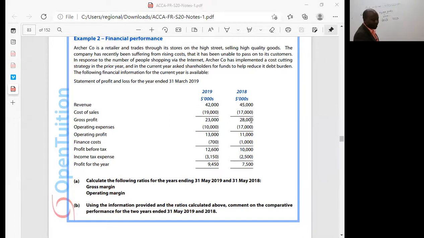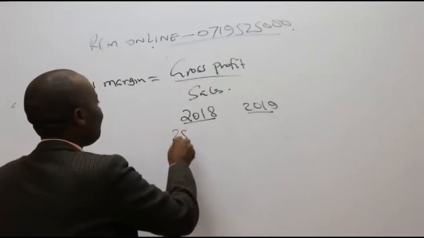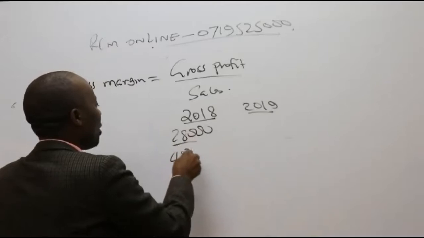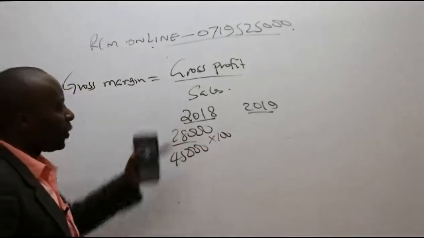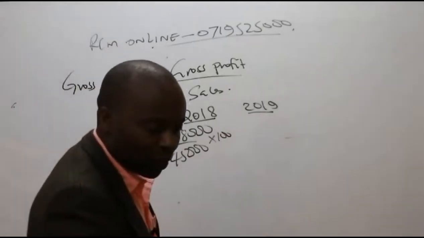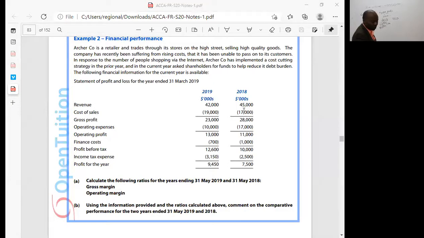So I should take 28,000 divided by 45,000, which is the sales. I'm following this formula: gross profit over sales.